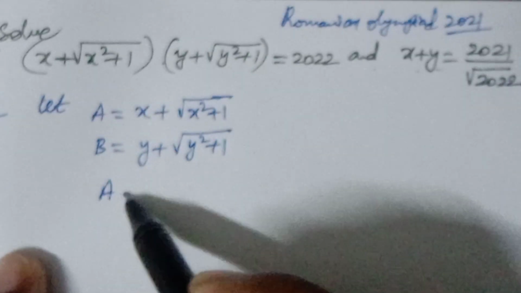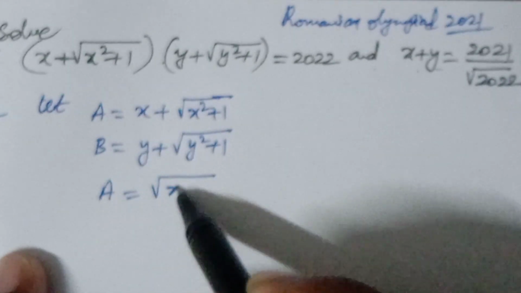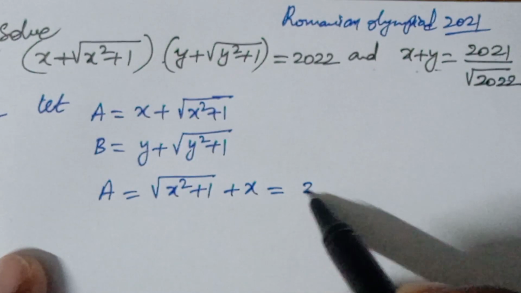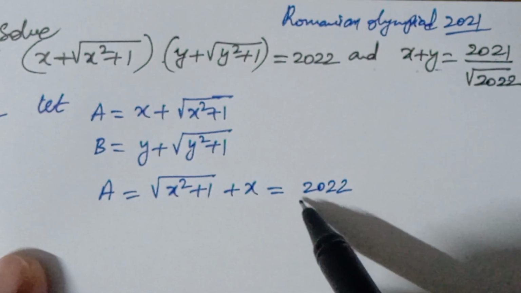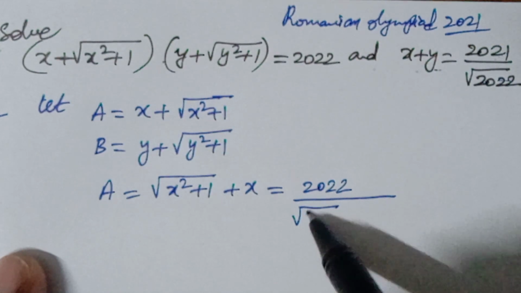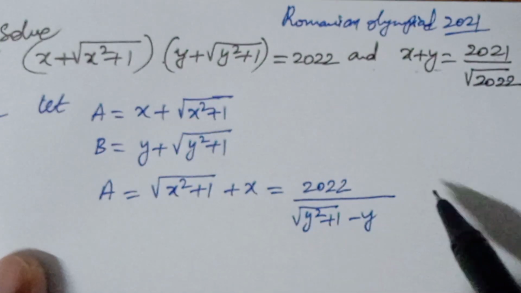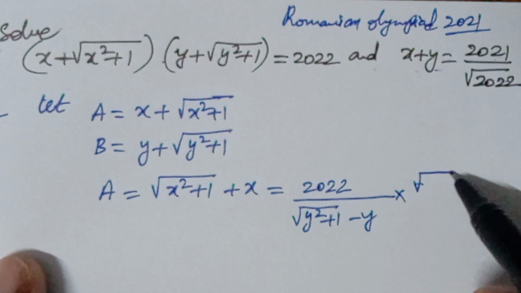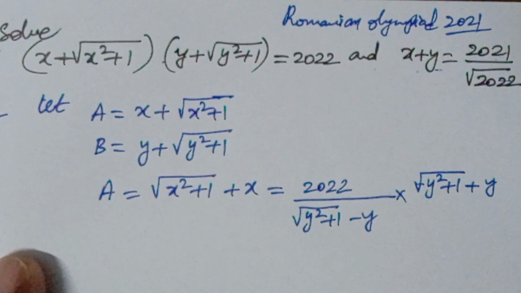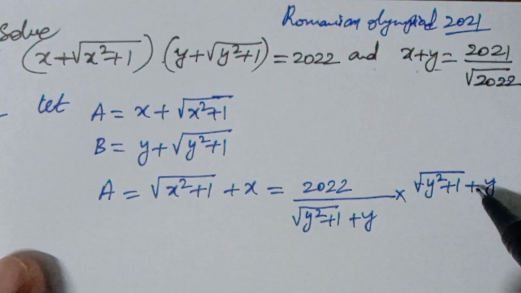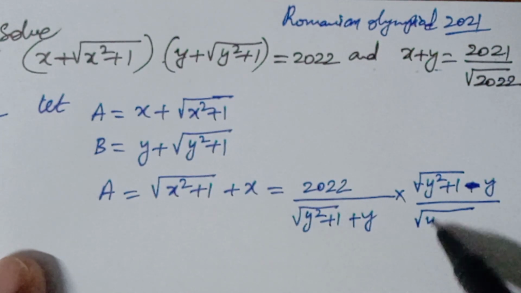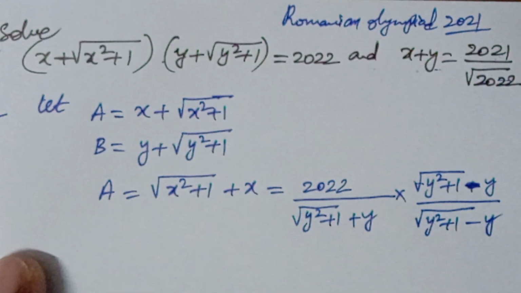So a = √(x²+1) + x. This can be written as 2022 by (√(y²+1) − y). So here you are rationalizing it: multiplying by (√(y²+1) + y), you get minus y by √(y²+1) − y.